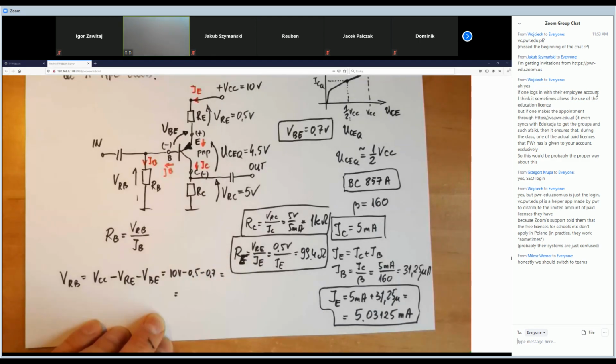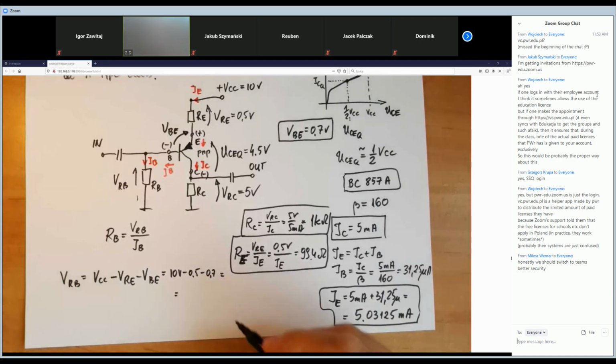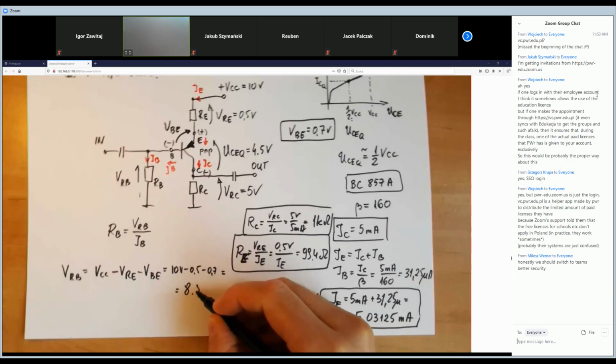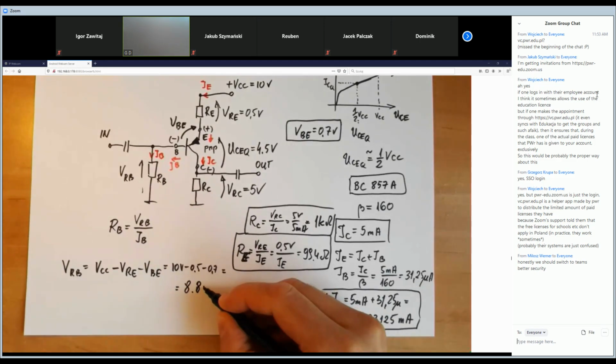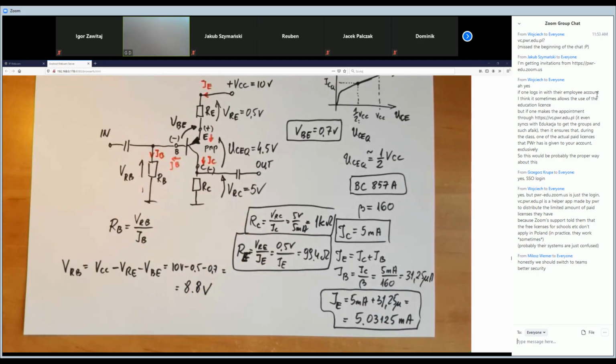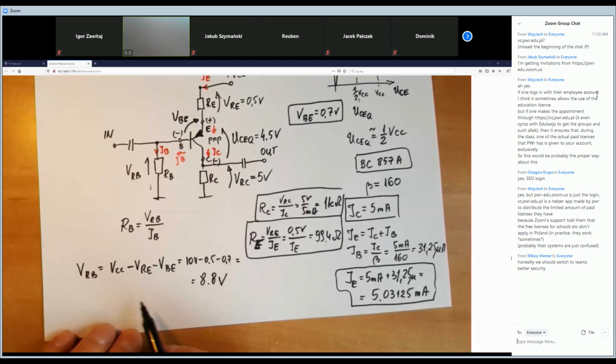Yeah, that's right. So 10 minus 0.5 minus 0.7 is 8.8 volts. Great. So we've got the VRB.